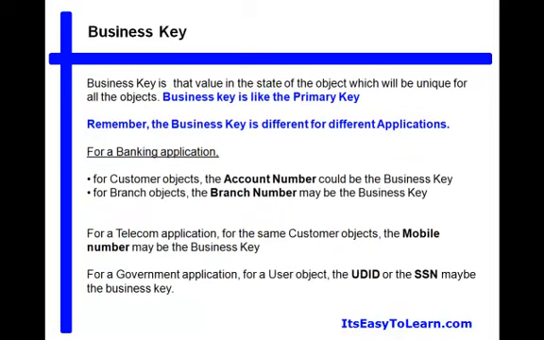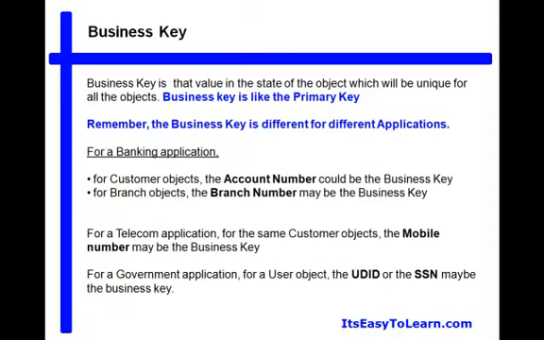So let's understand what a business key is. A business key is that value in the state of the object which will be unique for all the objects. The business key is like the primary key when you compare it to the database analogy. Remember, the business key is different for different applications. For a banking application, for example, the account number could be the business key because the account number is guaranteed to be unique across the customers.